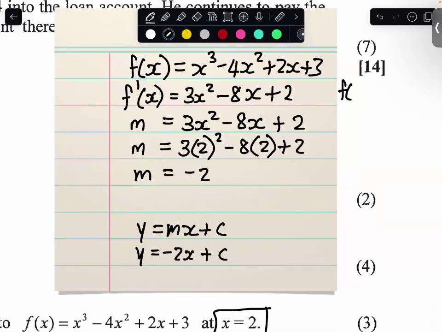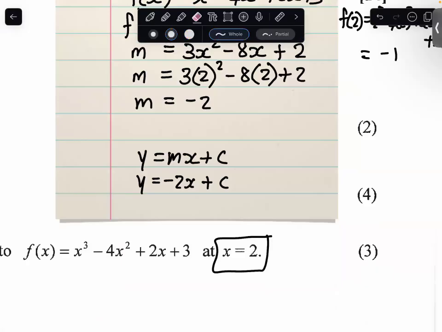So I have f of 2 is equal to 2 cubed minus 4 into 2 squared plus 2 into 2 plus 3. I'm going to put that whole thing in on the calculator to get the corresponding y value, and the corresponding y value is -1. So my set of coordinates is 2 and -1.